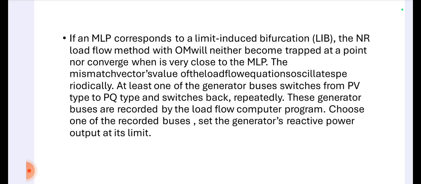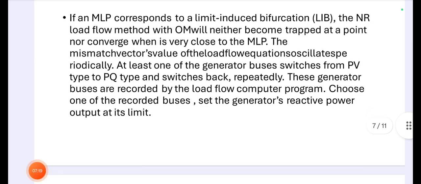At least one of the generator buses switches from PV type to PQ type and switches back repeatedly. These generator buses are recorded by the load flow computer program. Choose one of the recorded buses. Set the generator's reactive power output at its limit.